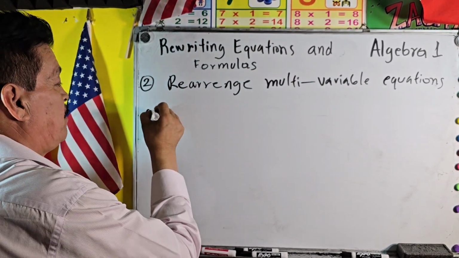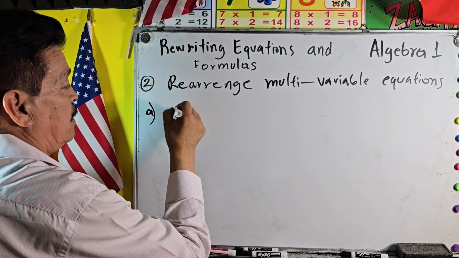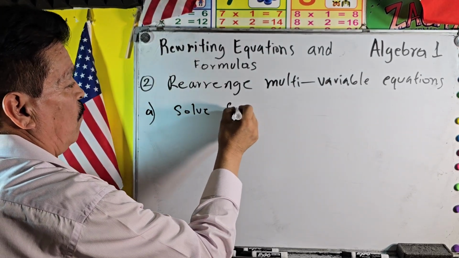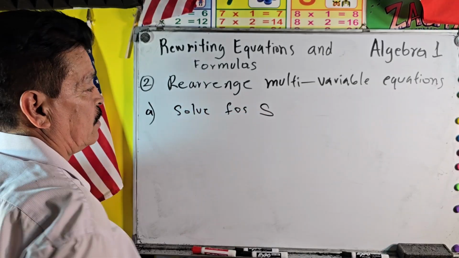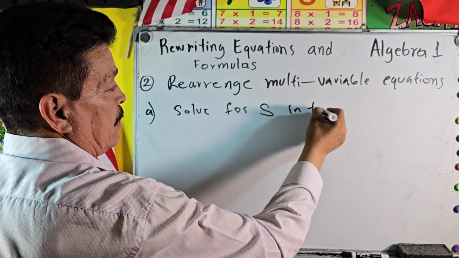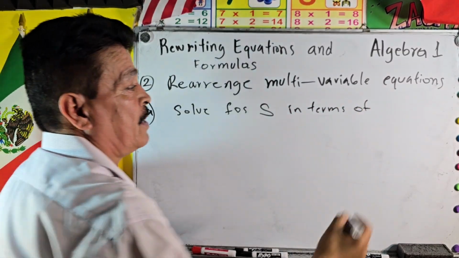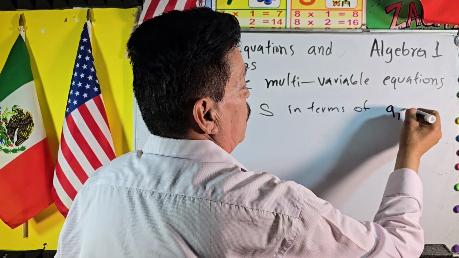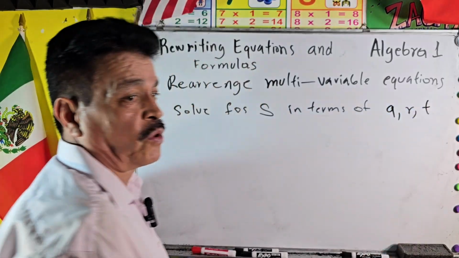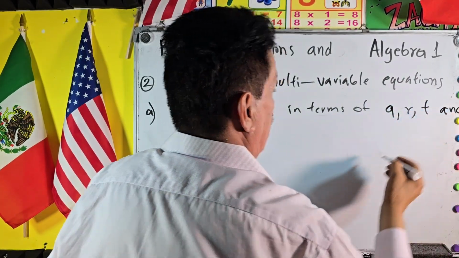That's the second section of my class. So let's see one example. In this case, solve for s in terms of q, r, t, and u.